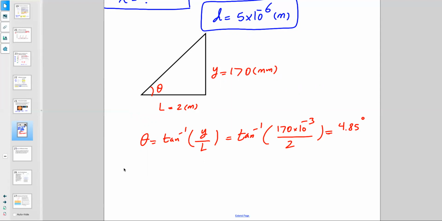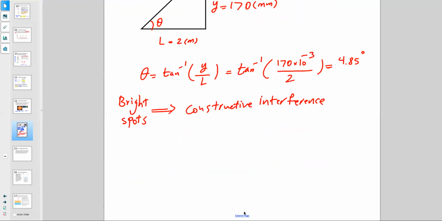So we know theta from this slit to the points. We have bright spots, meaning that we have constructive interference, so we can use sine theta equals m lambda over d.